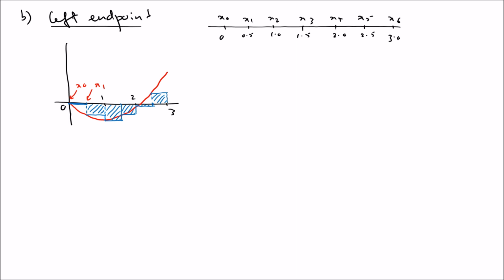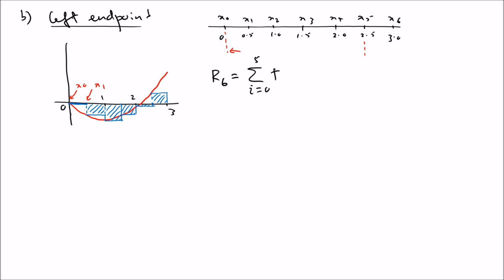Now what happens, since we pick the left endpoint, your integral starts here, the starting point, and for each interval you're going to end up here. We don't go to x6 now. So this is something you need to pay attention to. R6 is not the same. You can see your index starts with 0 now and ends with 5, not 1 to 6. There are still 6 subintervals, but they start with index 0.